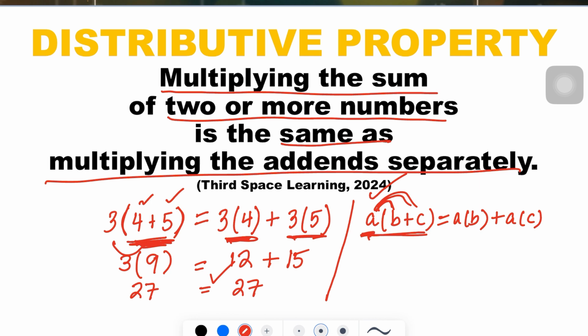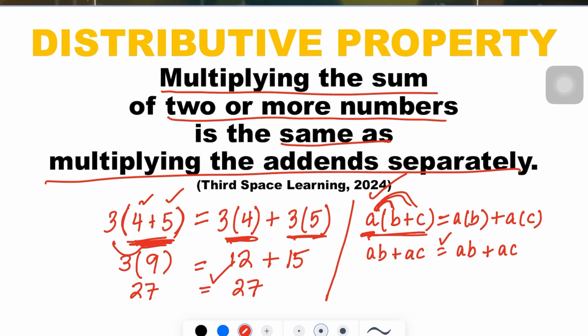So A times (B plus C) is equal to AB plus AC. They're the same. That's your distributive property, guys.